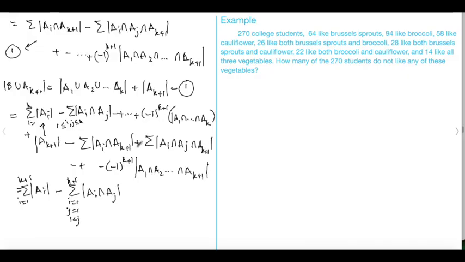And why is that? Note that this is all the intersections of all the pairs without k plus 1, and this is all the intersections of A_1 to A_k with A_{k+1}. So if I merge this summation and this summation, the only thing that will change is that i, j will go from 1 to k plus 1, and you will appreciate that this is the case with each term of the overall summation.